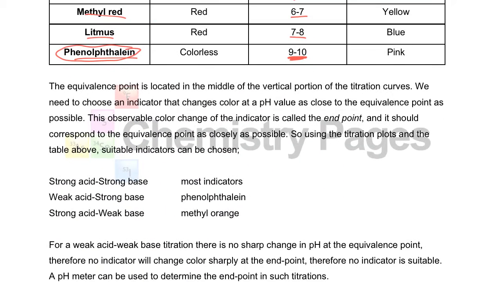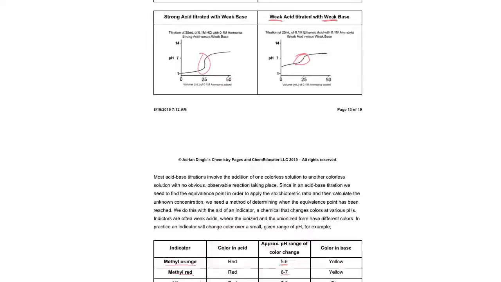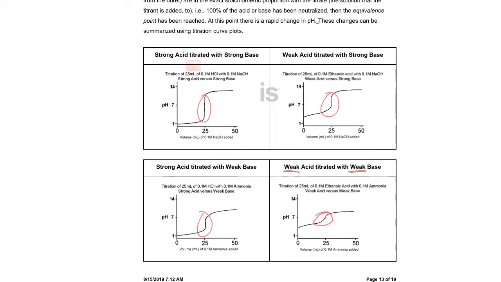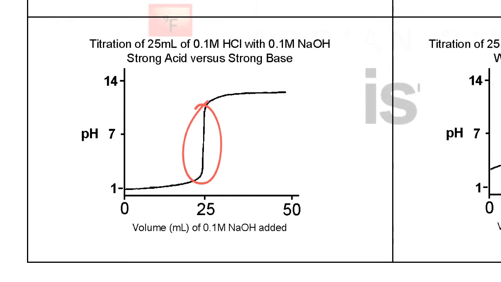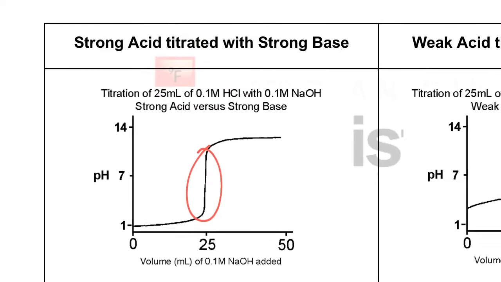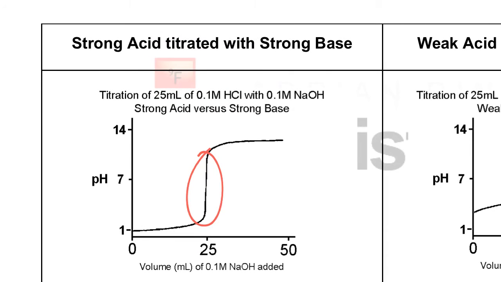with a strong acid and a strong base, the equivalence point happens at a pH of 7, but the graph is so vertical. Okay, right here, the graph with a strong acid, strong base, there's a huge area here. So pH of 8, 9, 10, 11, or 6, 5, 4.